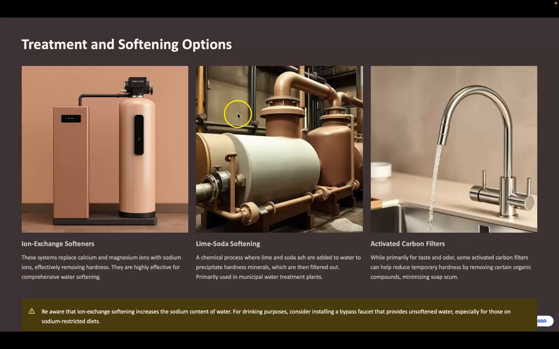So treatment, what are the treatment processes? As I told you, the treatment processes vary depending upon the application, and depending upon where it can be used, what is the level of hardness, and what are the minerals present along with these hardness causing minerals.